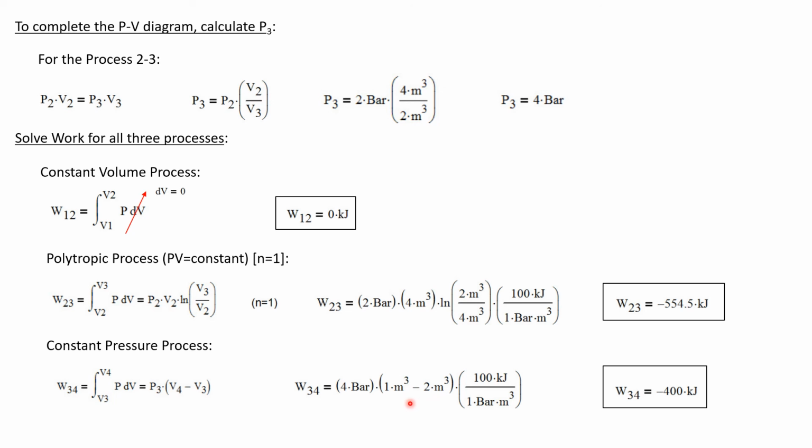So we have 1 cubic meter minus 2 cubic meters. Again, converting to kilojoules, we find that the work done in process 3-4 is minus 400 kilojoules. So in order for this process to take place, work must be done on the system.